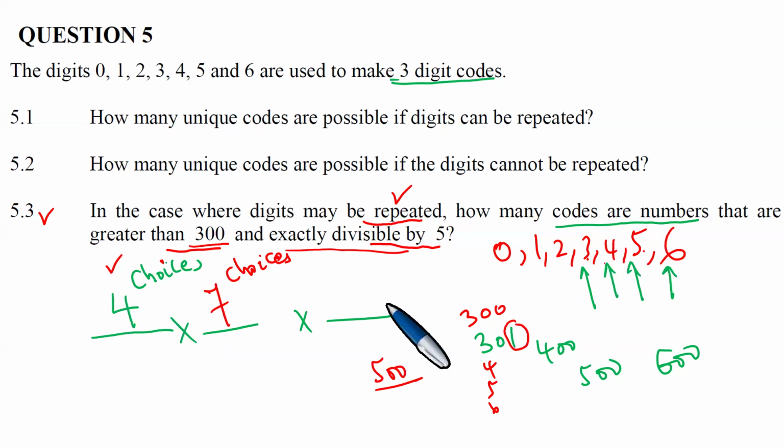So we have 4 choices for the digits that are 3 or more to produce 3-digit numbers that are greater than 300, like 301, 302, 310, whatever the case.